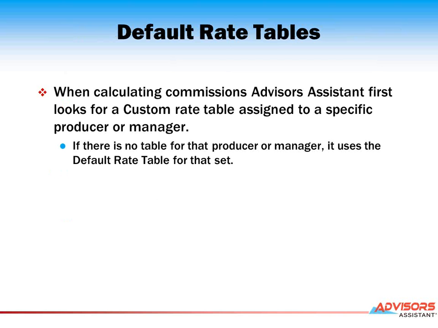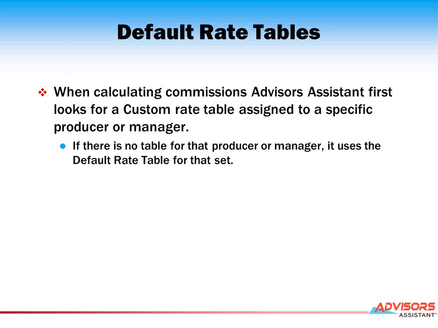We've set up default rate tables in Advisor's Assistant to help save you time. Because as I mentioned earlier, the rule of thumb in setting up rate tables is if it pays a different rate, you have to set up a different rate table. But what if you pay a bunch of agents the same rate?